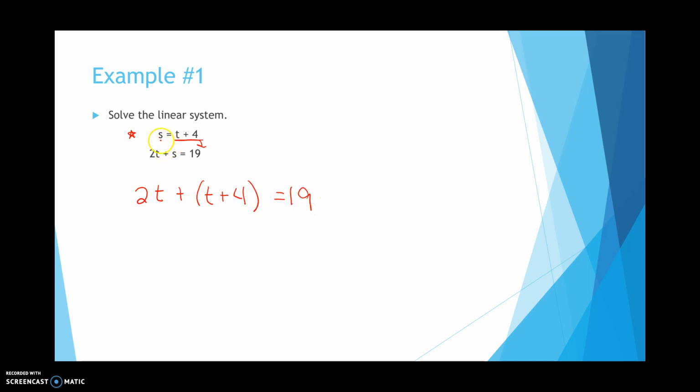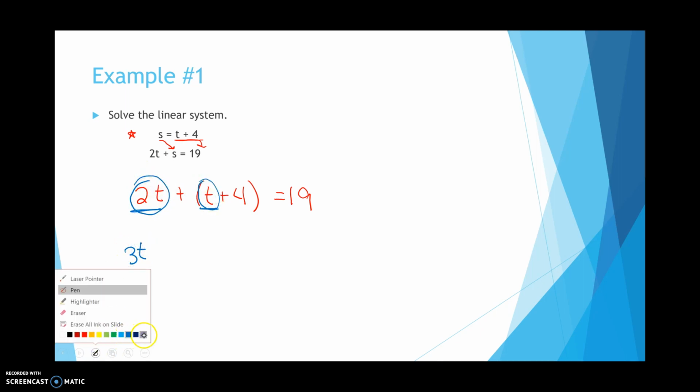So I substituted this in right here. So 2t plus t plus 4. If I have a 2t and a t, they're the same variable, so I can combine these like terms, and what I get here is 3t, plus that number 4 that stands alone, so I'll just write plus 4 equals 19.